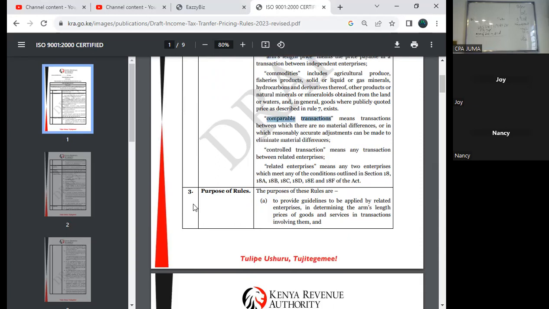So comparable transactions, you write there, it means transactions between which there are no material differences. Or in which, write all of that as it is there.